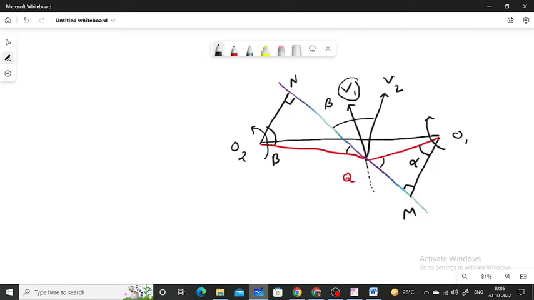In that case, if this is 90 minus alpha, then remaining angle will be alpha, and this will be the opposite angle, so this angle will be alpha.